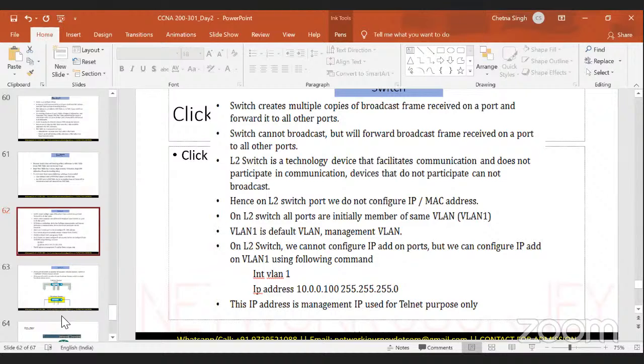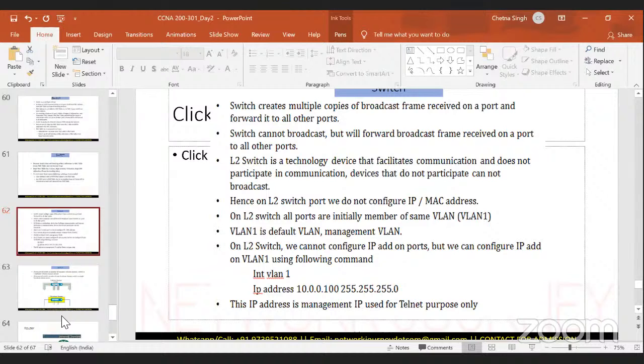You can configure an IP on a VLAN which we create, and that is just used for remote access purposes. This is what I was going to come to in the next slide: you can have an IP configuration, but only on a VLAN, so as to have a telnet or management IP. The IP address we assign to the VLAN is known as the management IP, and it is used for telnet or SSH purposes only.